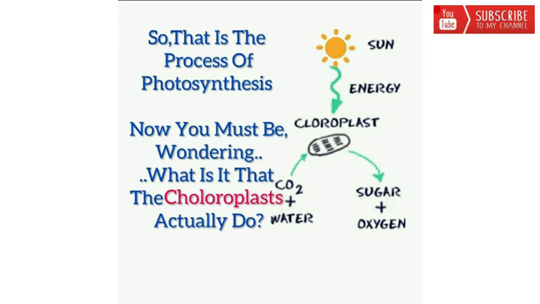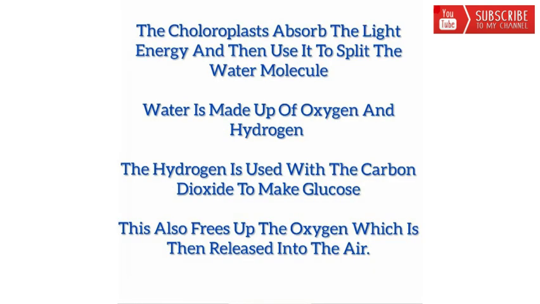Now you must be wondering, what is it that the chloroplasts actually do? Chloroplasts absorb the light energy and then use it to split the water molecule. Water is made up of oxygen and hydrogen. The hydrogen is used with the carbon dioxide to make glucose.